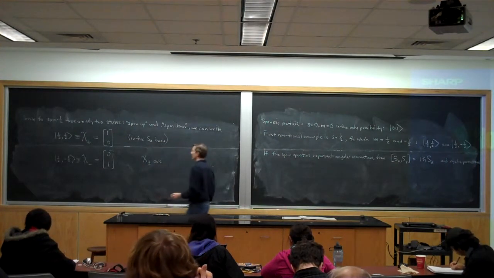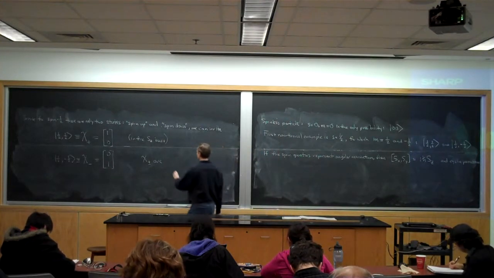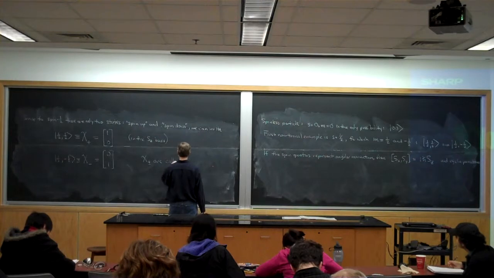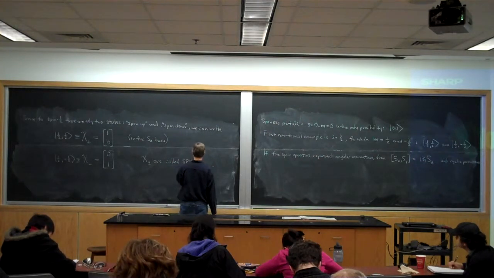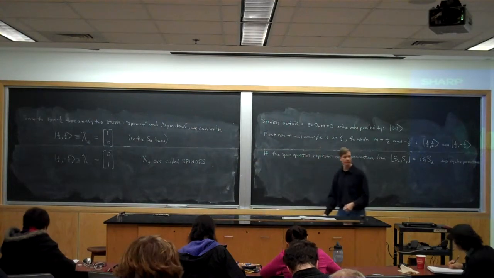These column vectors representing the two spin states are called spinors.